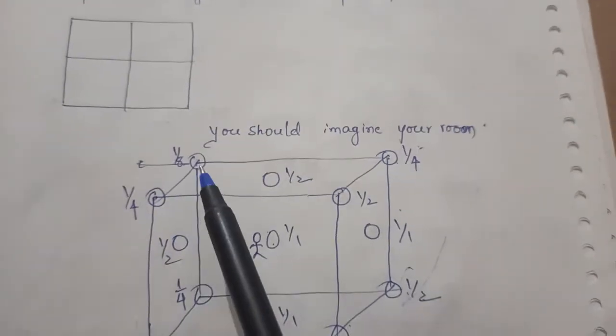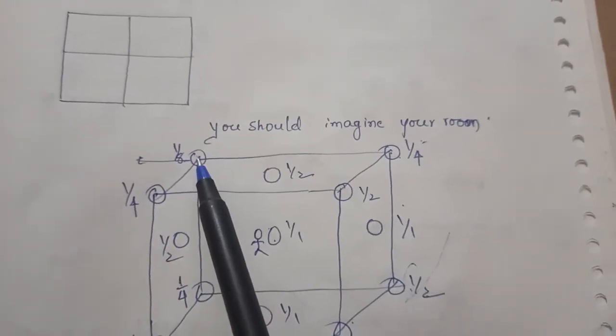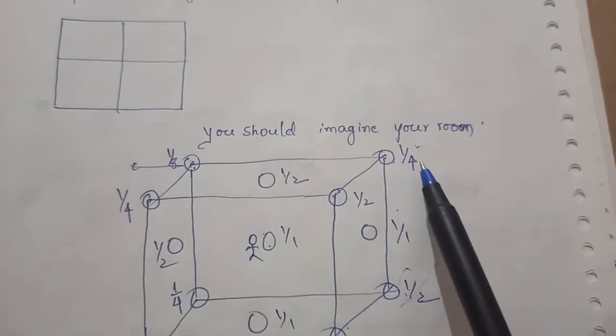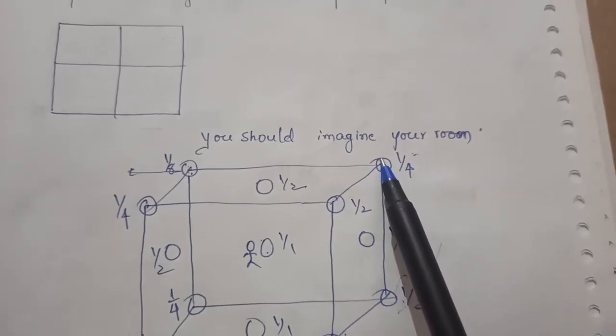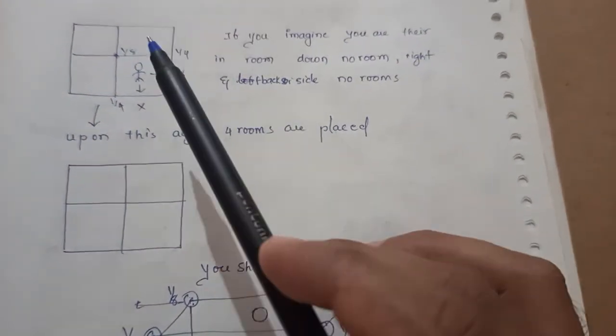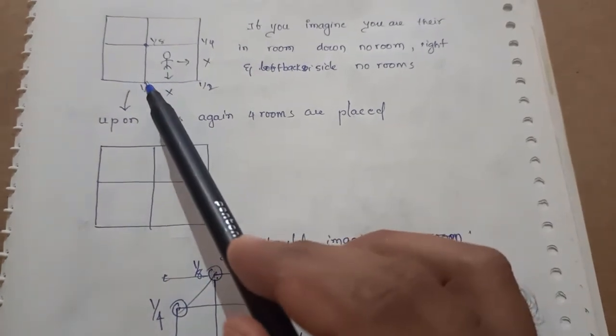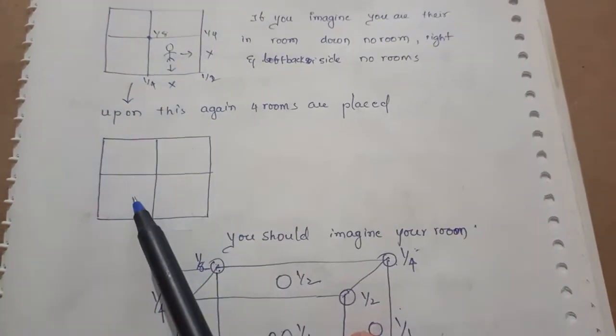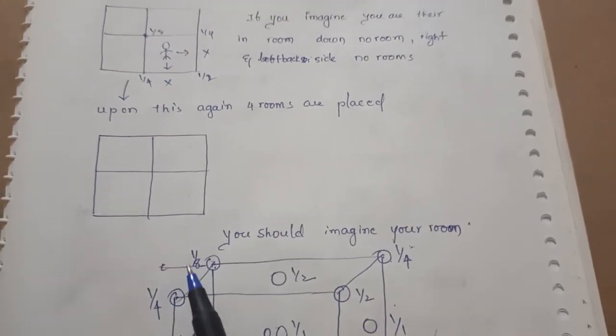So this particular lattice point is 1/8, and this one is 1/4. Assume this is 1/4, because this particular one is 1/4, 1, 2, and above also again 2 rooms, and this one is also 1/4. This one 1/4, 1, 2, 3, 4.